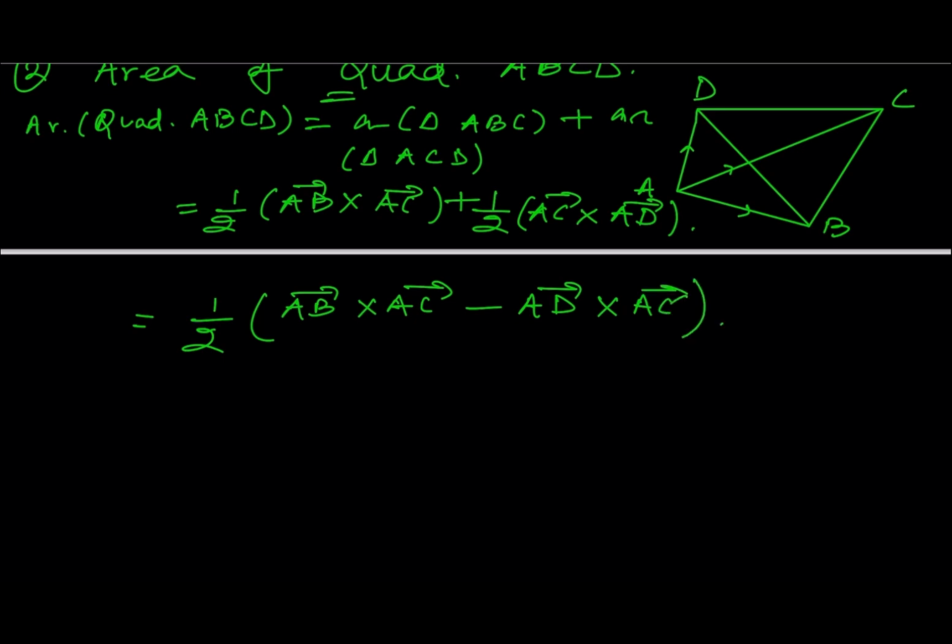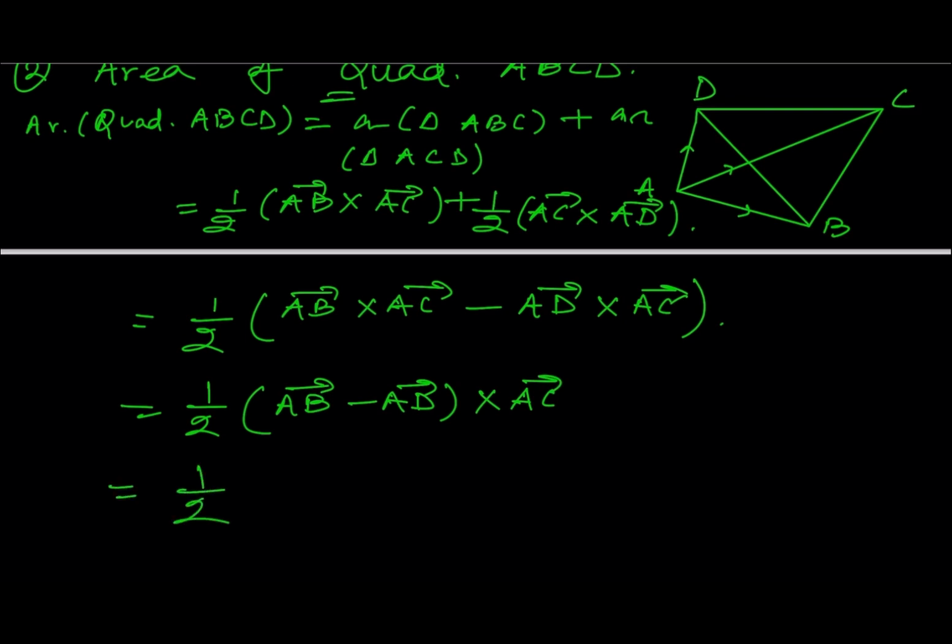Why I did this, you will understand in this step. I have to take AC common, so this will be written in this manner: AB vector minus AD vector cross AC vector.